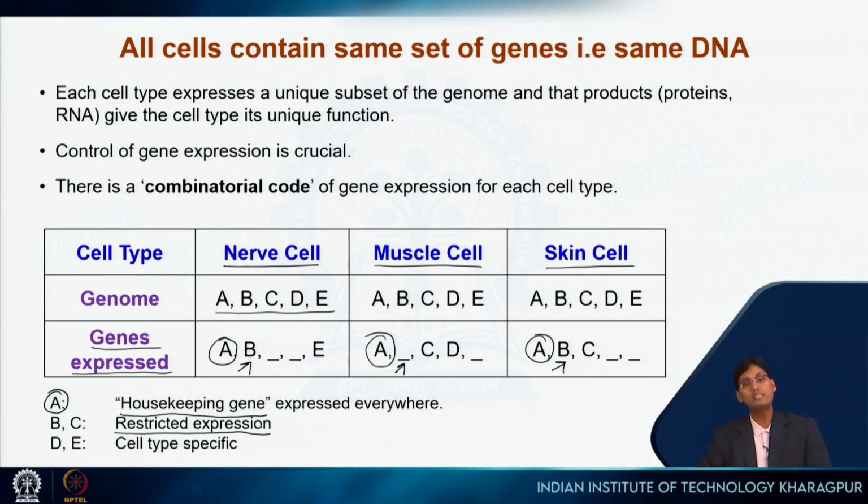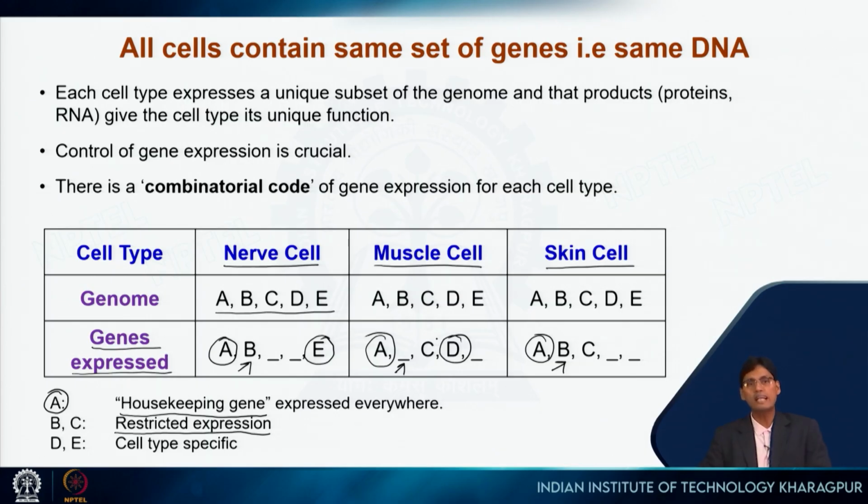And if you see D and E, they are cell type specific. As you can see, E is only getting expressed in nerve cell, and that is giving unique features to nerve cell, while D is only getting expressed in muscle cells and providing unique features to muscle cell.